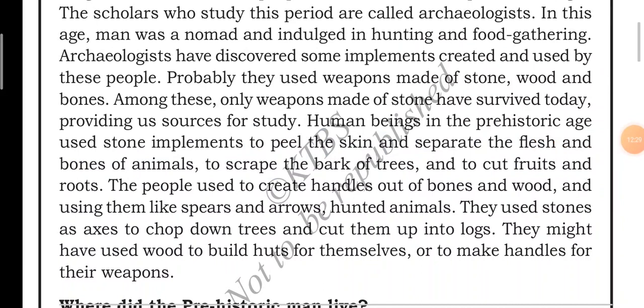Among these weapons, the only ones which have survived till today are weapons made from stones, and they provide us sources for the study of the history of that age.